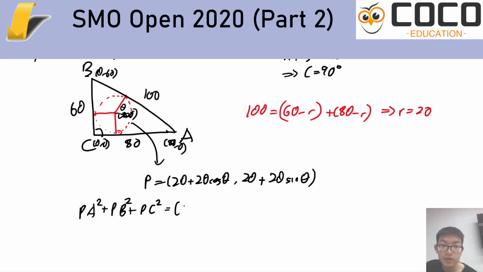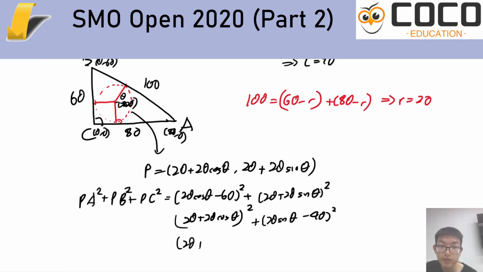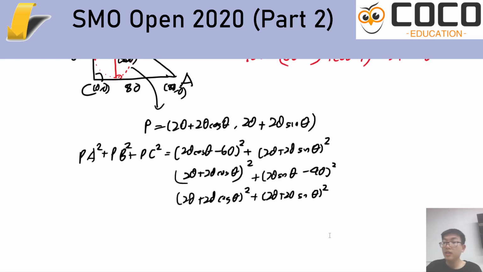So 20 cos theta minus 60 squared. Now they're all squares, and so therefore I don't even have any square roots appearing. So PB squared and PC squared, which means one more of these two again. You can factor out 20 squared from everything.